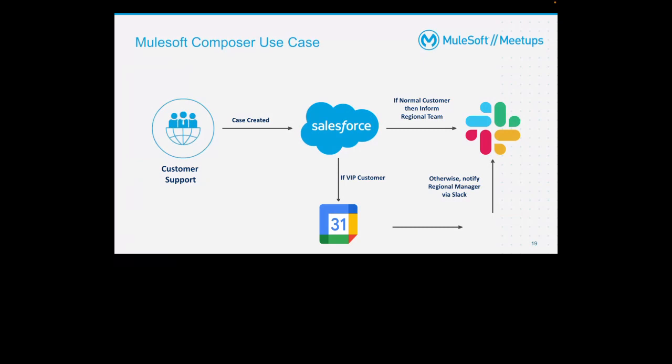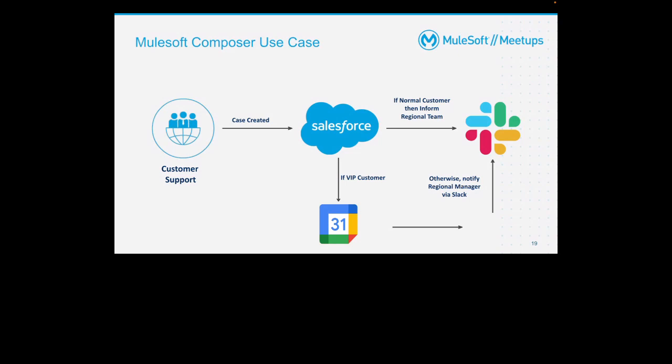If the customer is not a VIP customer, that's also important for every organization, right? So for that reason, we have a channel created in my Slack where I would push the details to my sales or service team, depending upon the region they are in. For today's scenario, I have two regions set up for the organization: one is the north and another is the east.